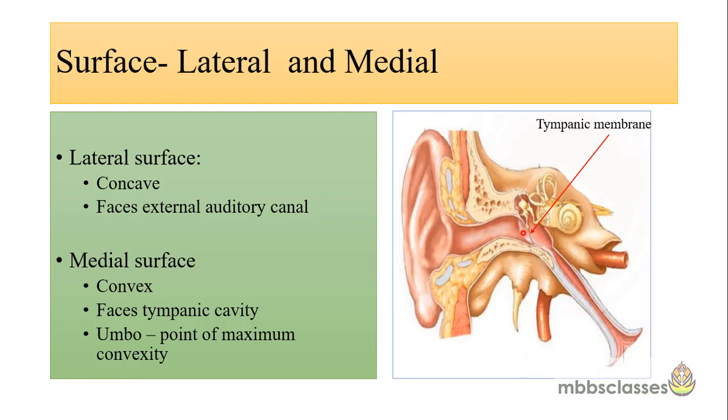As I told you, it is a little bit concave shaped. See, this is the concave part. The concavity is outwards and the convexity is towards the middle ear cavity. This convexity is maintained by the umbo, which is the area of attachment of the handle of the malleus to the middle part of the membrane.